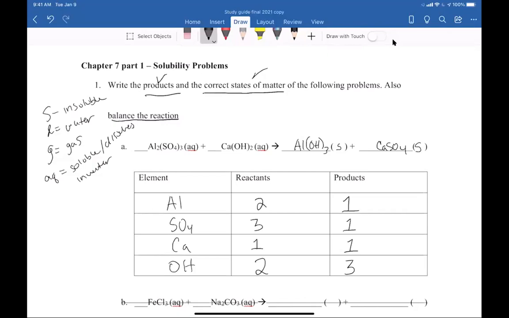So that means that we need a 3 coefficient here. This 3 not only goes to OH, but it also affects Ca, but that's okay. This 3 will get us that OH to 6. However, that Ca will also be affected, and now we have 3.